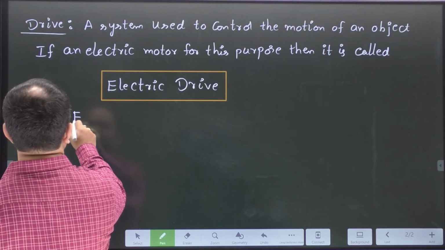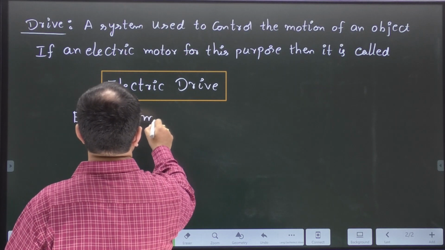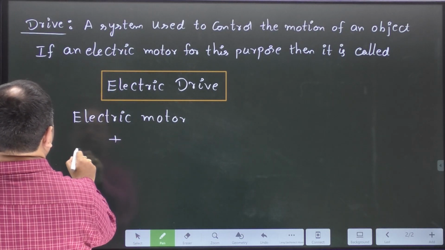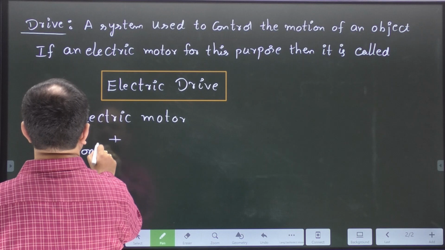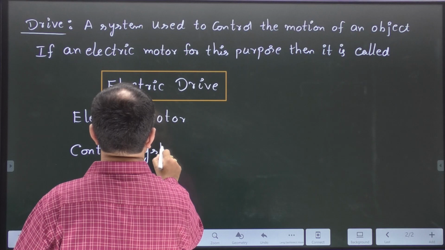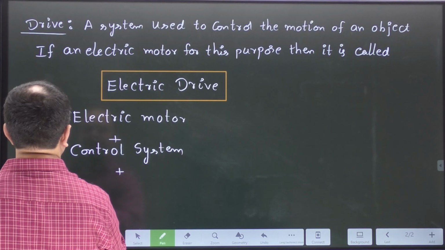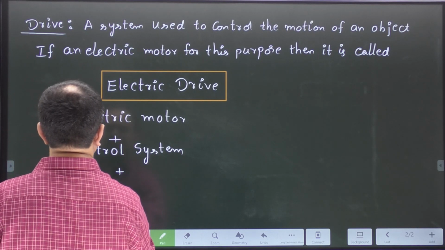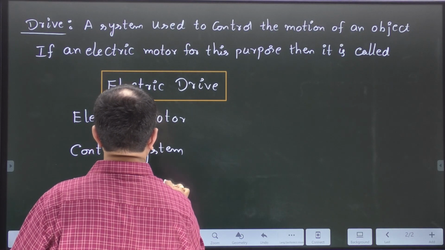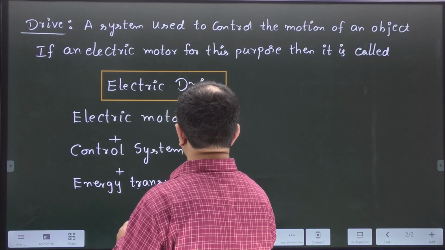One is the electric motor, another is the control system, and the third is the energy transmitting circuit or transmitting system.